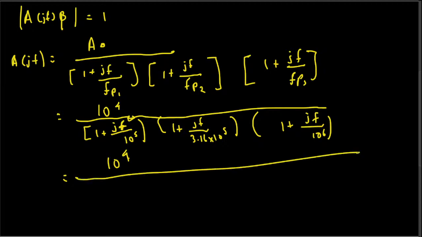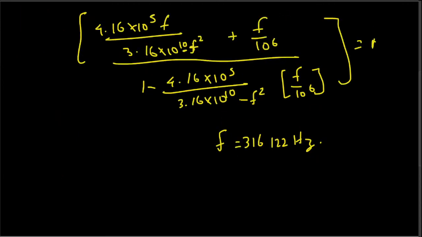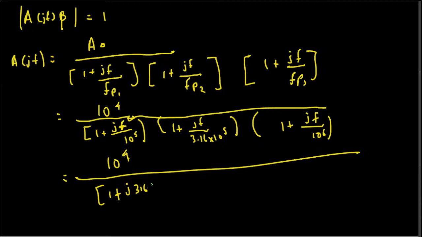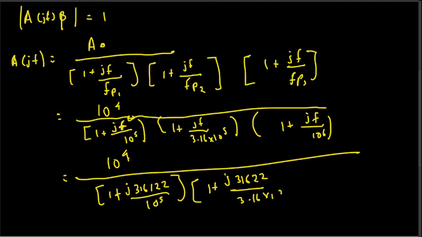So 10 to the power of 4 over 1 plus j times 316122 divided by 10 to the power of 5, times 1 plus j times 316222 over 3.16 times 10 to the power of 5, times 1 plus j times 316222 divided by 10 to the power of 6. And from this one you solve for this.